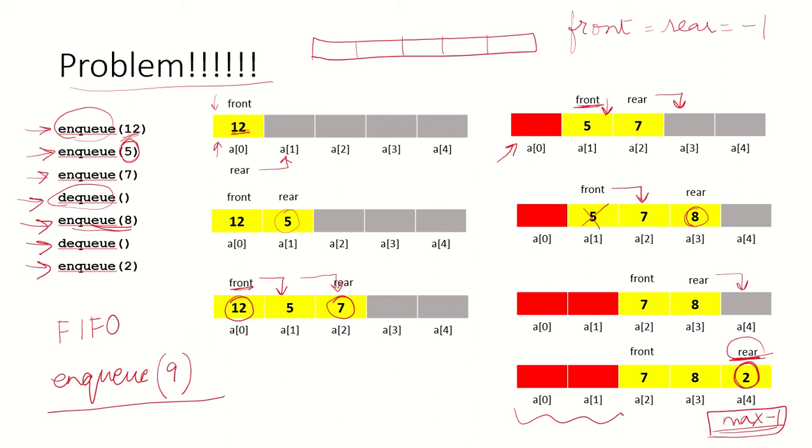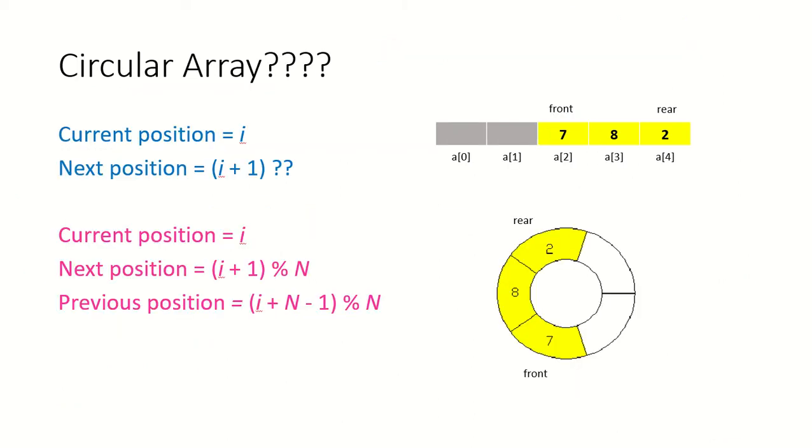So how can we take care of this problem? A solution to this is a circular array. So imagine this linear queue as a circular queue like this. Here you have 7 followed by 8 and 2, and these two available spaces we assume can be reached from this end as well.